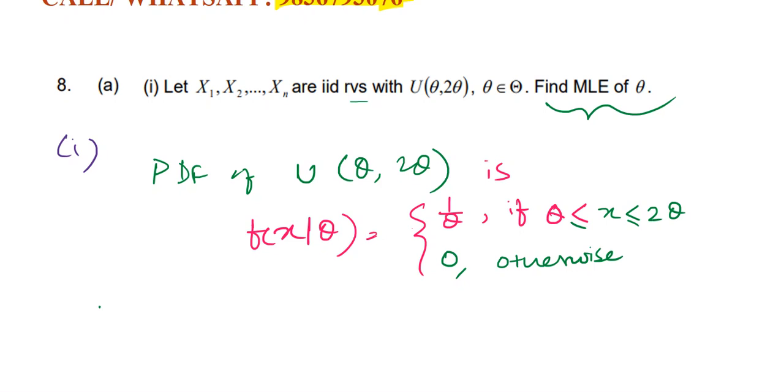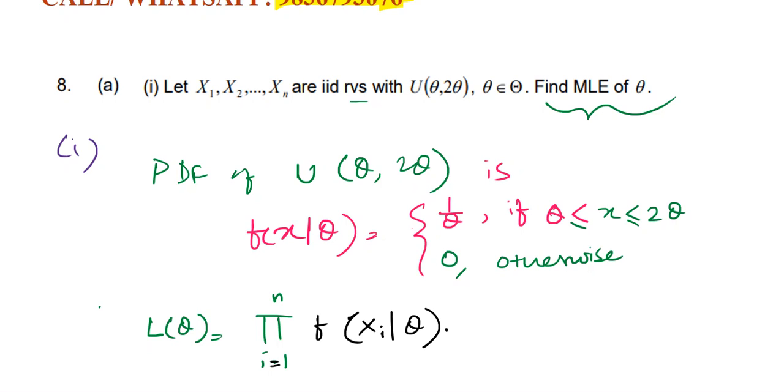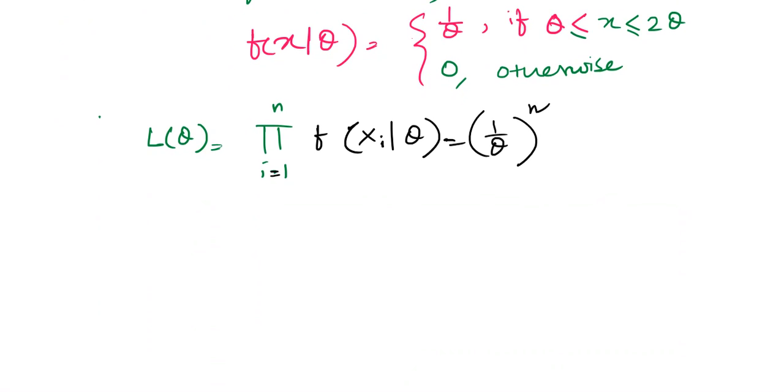So given the samples x1, x2 up to xn, the likelihood function L(theta) equals product of i equals 1 to n of f(xi; theta), equals 1 by theta whole to the power n, into I of theta less than or equal to x1 less than or equal to xn less than or equal to 2 theta.